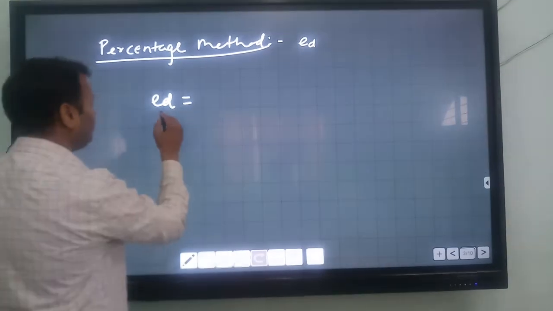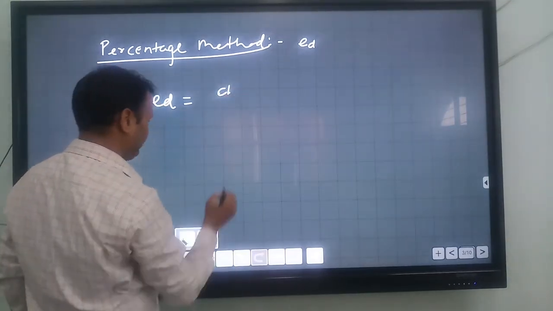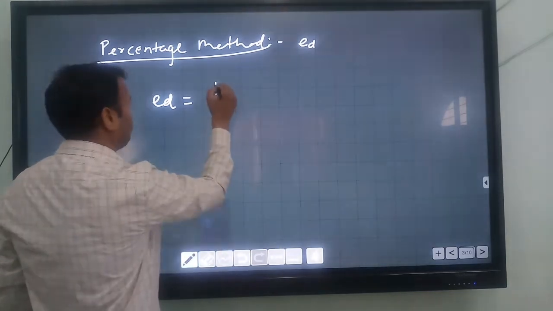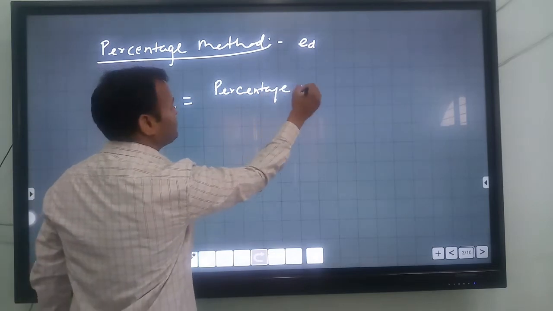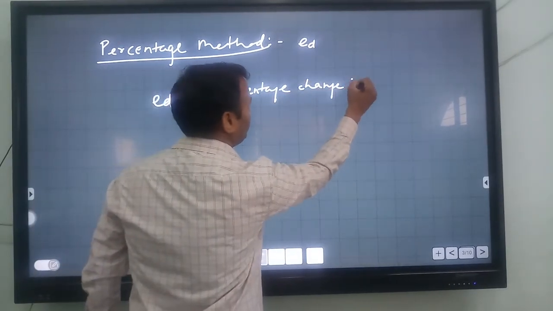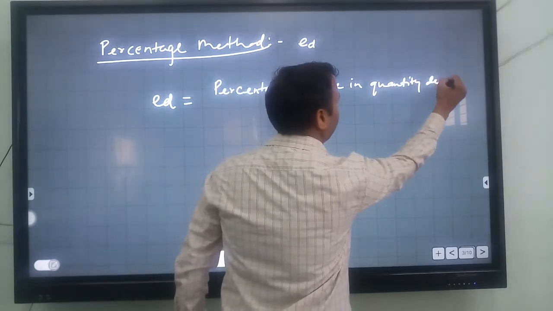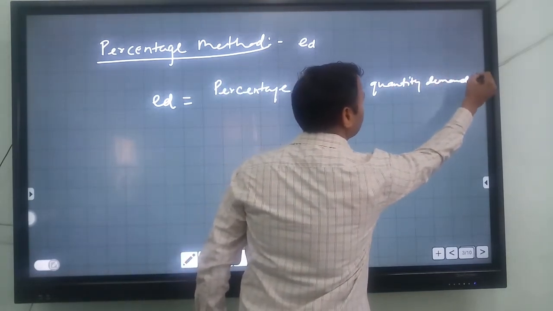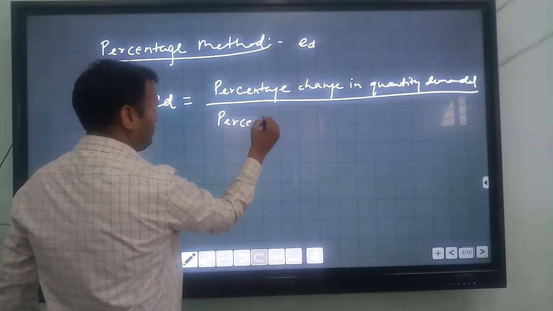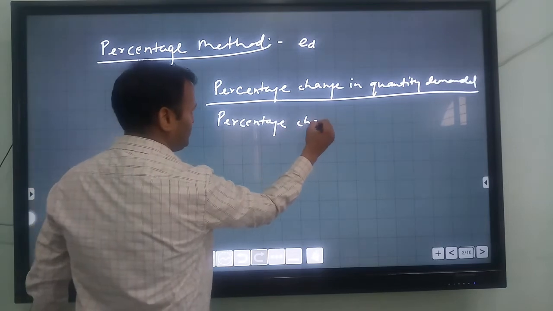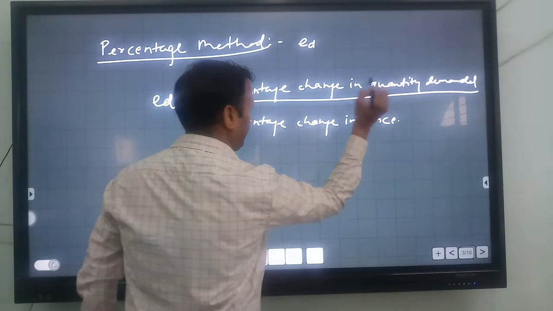So this is the ratio of the percentage change in quantity demanded upon the percentage change in price.